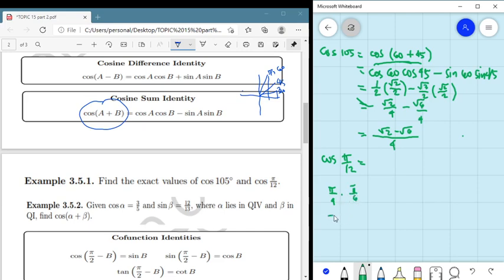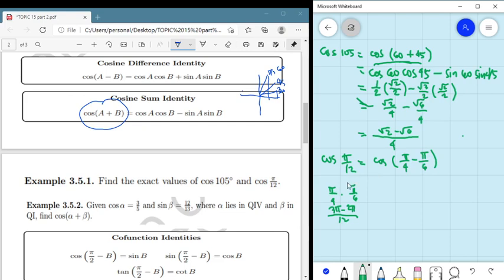What are we going to do with them? 12 divided by 4 is 3, times pi is 3 pi. Then 12 divided by 6 is 2, times pi is 2 pi. So we subtract to get pi over 12. That is why the cosine of pi over 12 is the same as cosine of pi over 4 minus pi over 6.